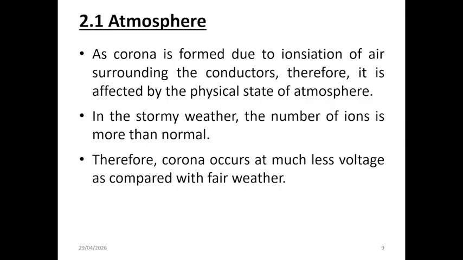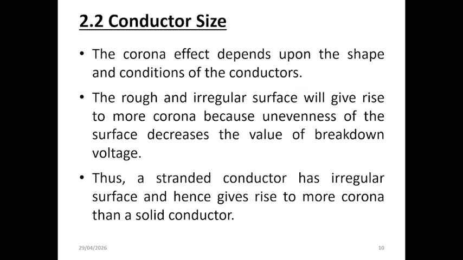As a result, the dielectric strength of air decreases, making it easier for ionization to occur. Consequently, corona can appear at much lower voltages during stormy weather than under normal fair weather conditions where the air is relatively clean and stable.